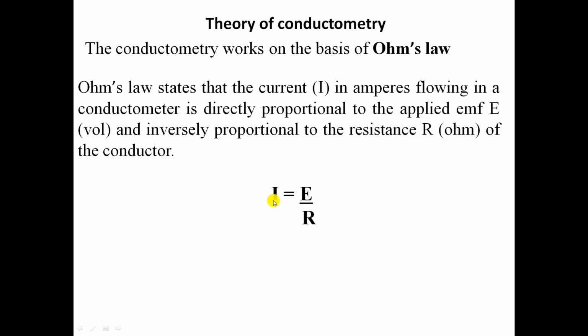If the voltage increases, then the current increases. If the resistance of the conductor increases, then the current decreases. That is what Ohm's law states, and the conductometry experiment works based on Ohm's law.